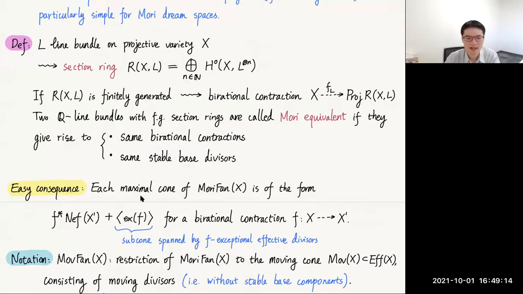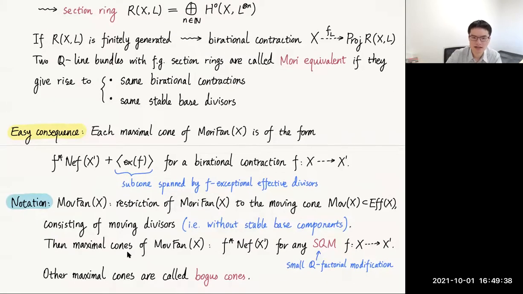Now let me also introduce a notation which we denote by the moving fan. It's just the restriction of the Mori fan to the so-called moving cone inside the effective cone, consisting of moving divisors, which means divisors without stable base components.